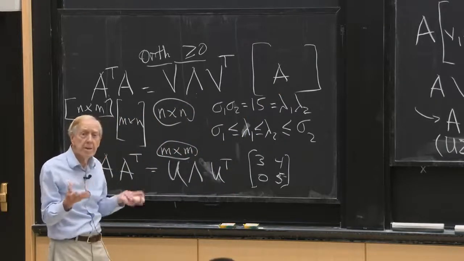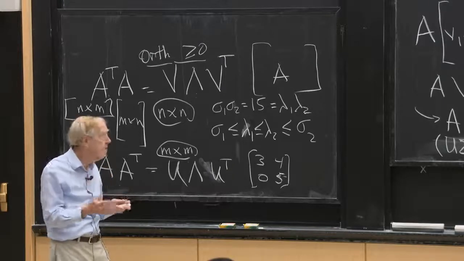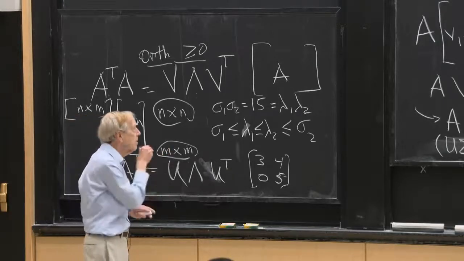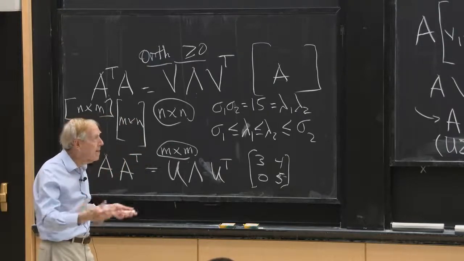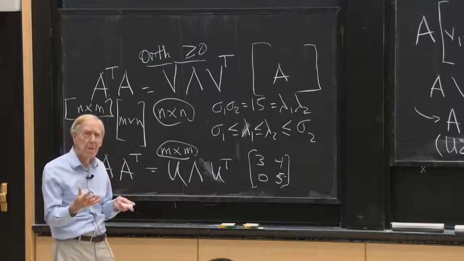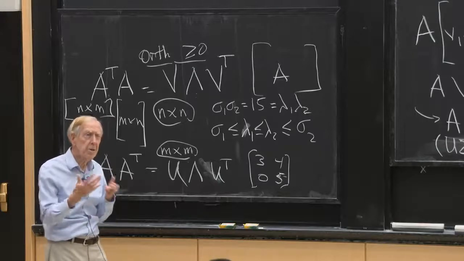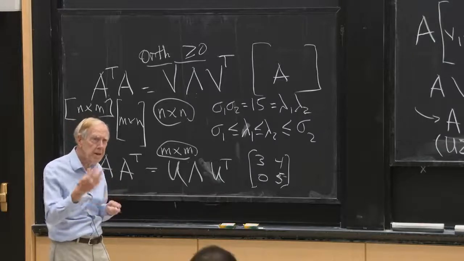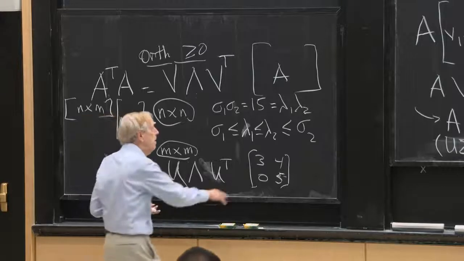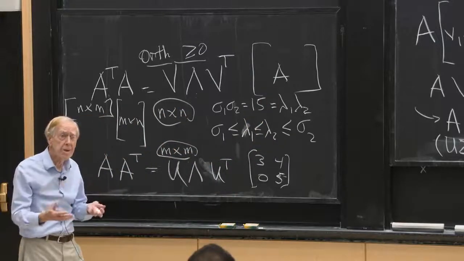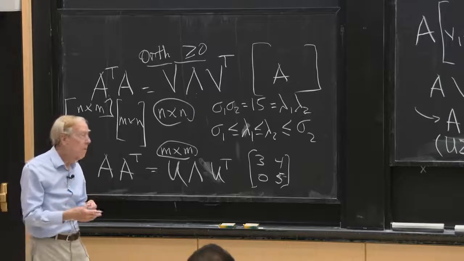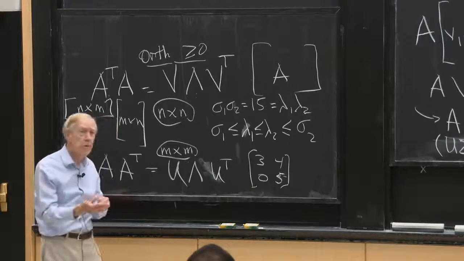In a way, the biggest numbers, but of course I don't look at individual numbers. So what's the biggest part of the matrix? What are the principal components? Now we're really getting in. It could be data, and we want to do statistics, so we want to see what has high variance, what has low variance.